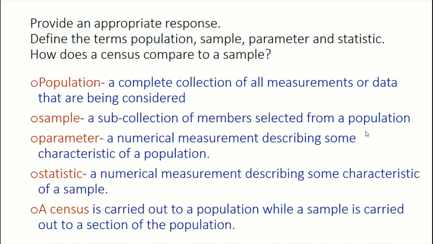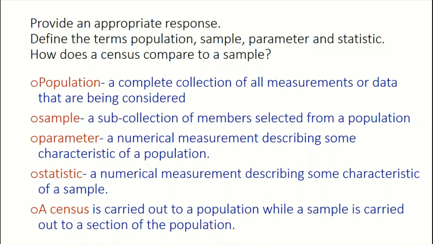Provide an appropriate response. Define the terms population, sample, parameter and statistic. How does a census compare to a sample? An appropriate response would be: a population is a complete collection of all measurements or data that are being considered.